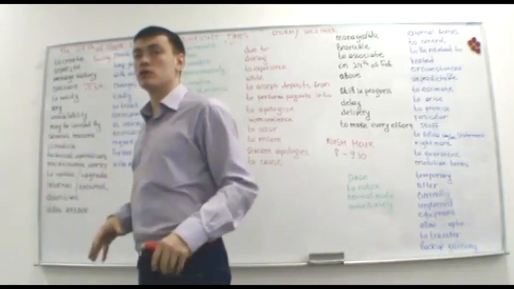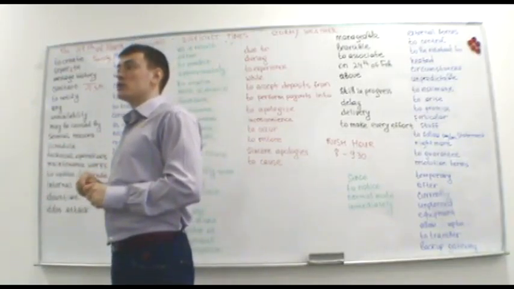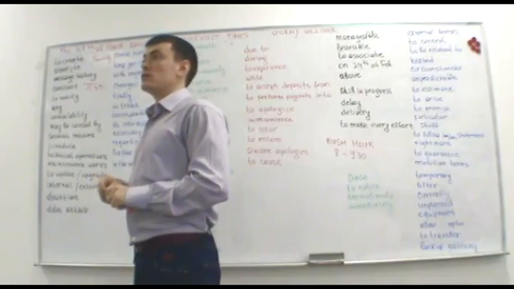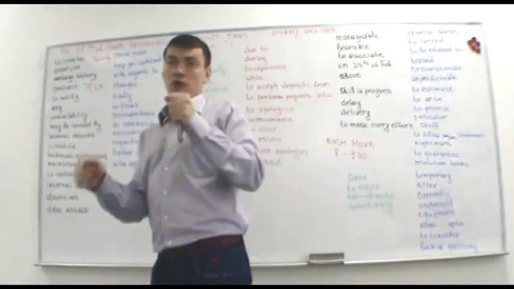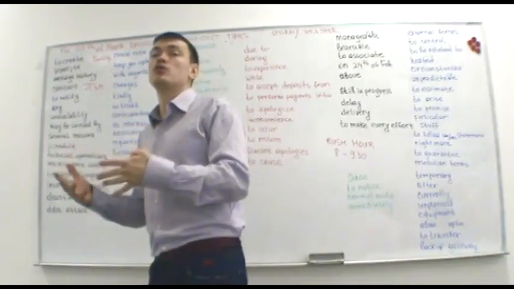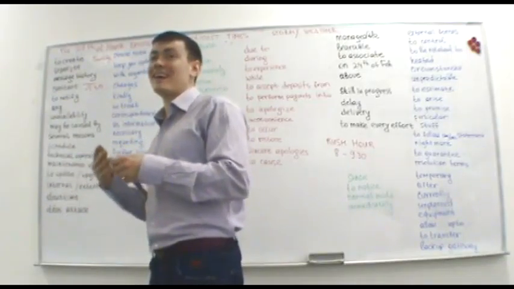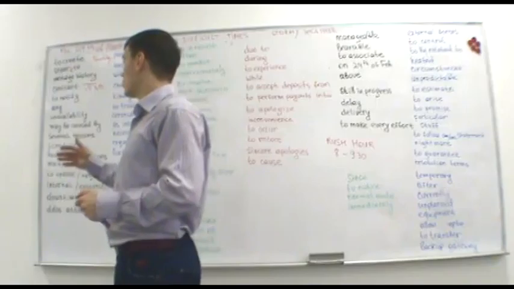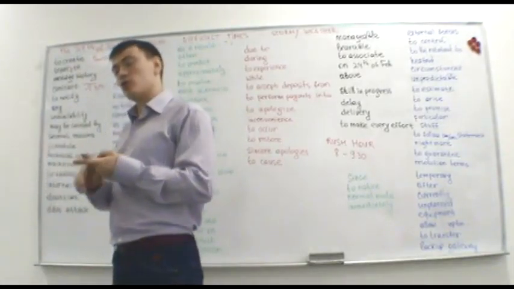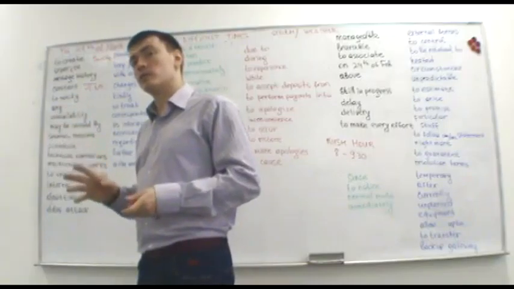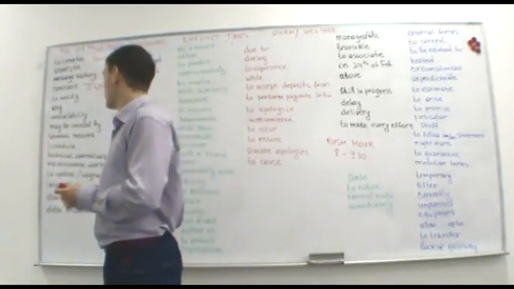Cause, what does it mean to cause? To cause means, for example, if there is ice on the road when you're driving your car, it can cause troubles. It can cause accidents. Cause means to be a reason. Maybe caused, you're not sure. It's a modal verb describing probability.